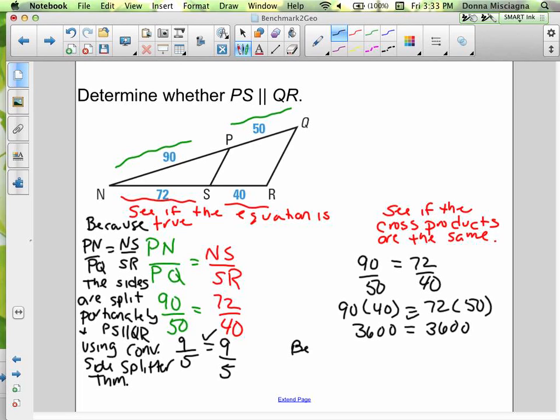So we also could say, and actually, I think we can use the very same justification, because those cross products are showing it's proportionate.